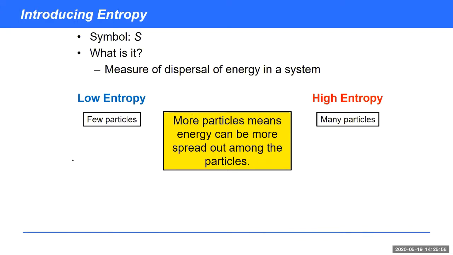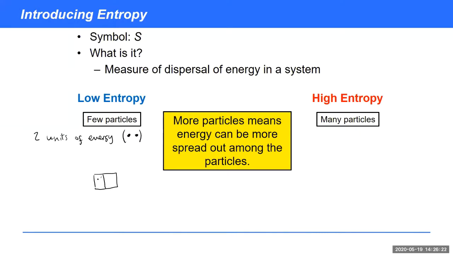So, for example, just to show you, if I've got, say, 2 units of energy, here they are, my 2 dots. Okay, there's my 2 units of energy. If I've got a situation where I haven't got many particles, let's say I've got 2 particles here.